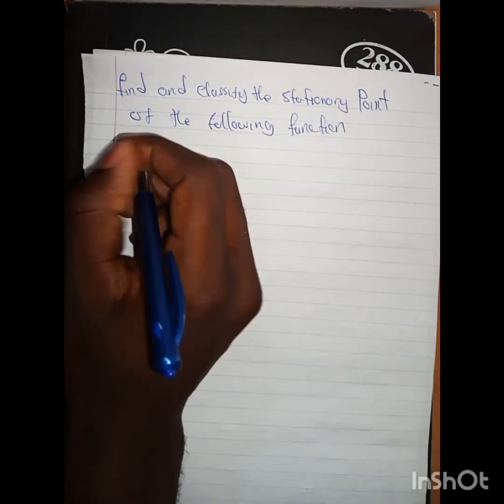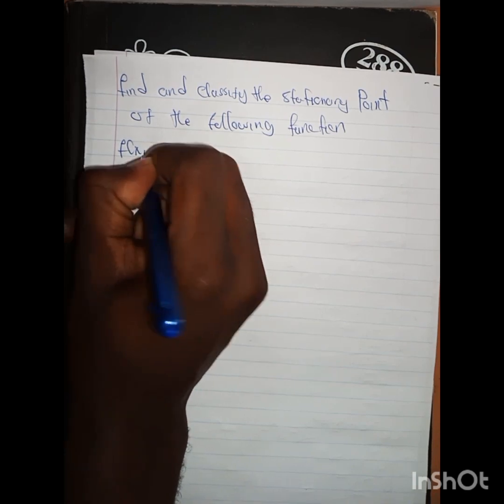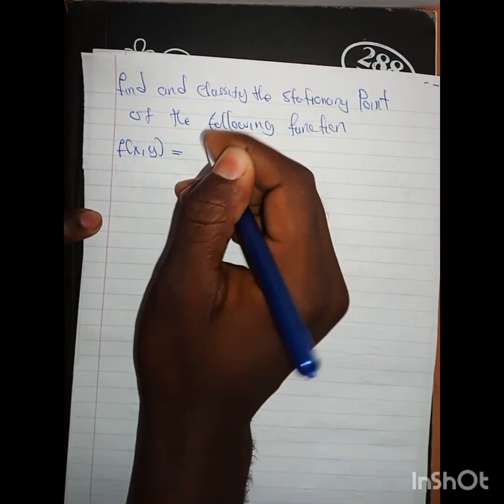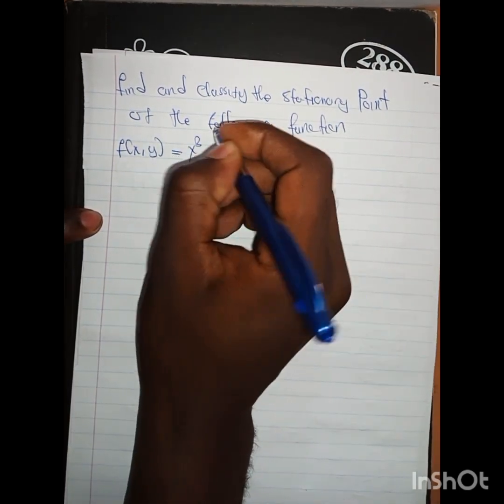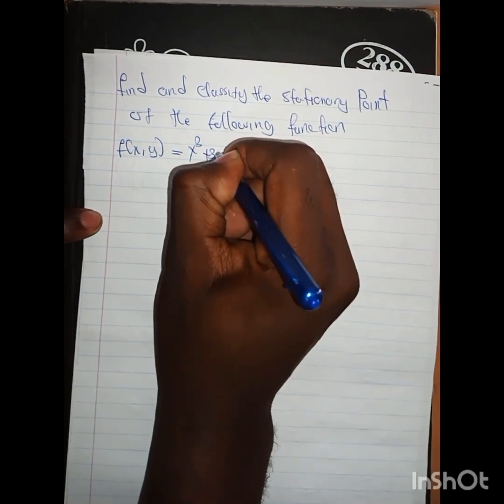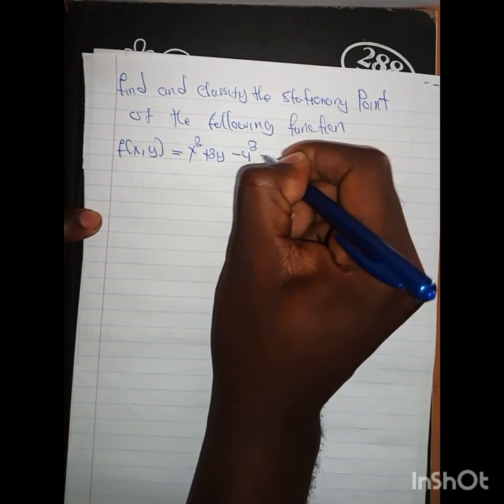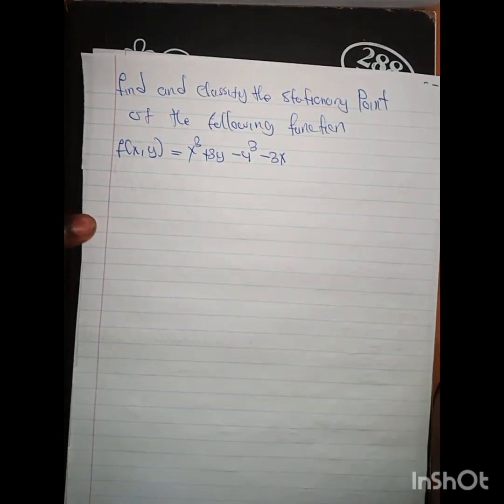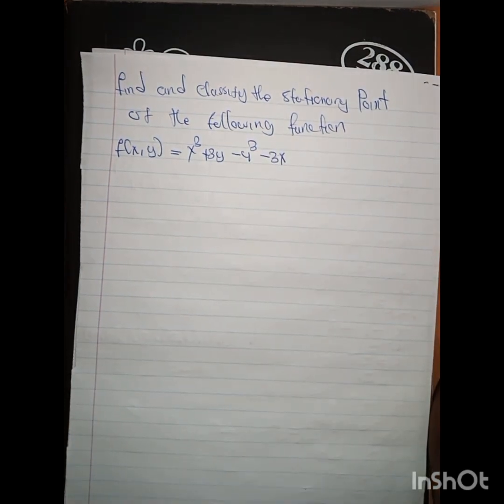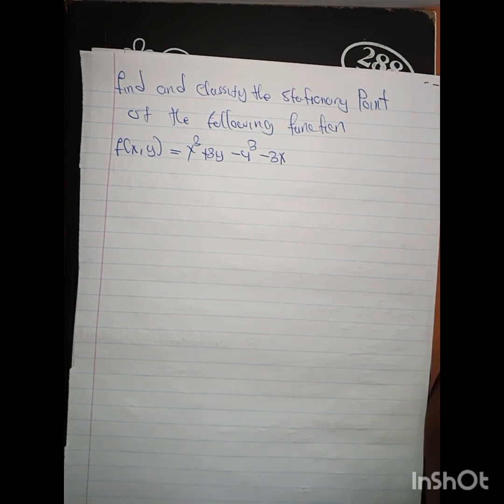So we are given the following function f of x, y, which is equal to x cubed plus 3y minus y cubed minus 3x. We want to find the stationary points and classify them.